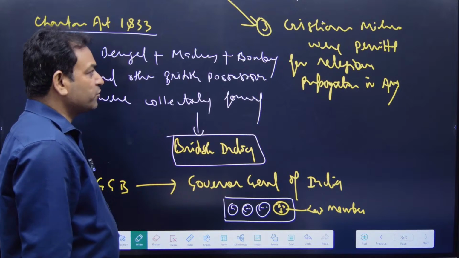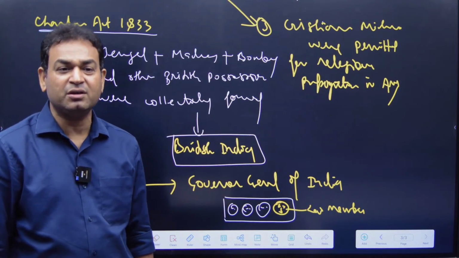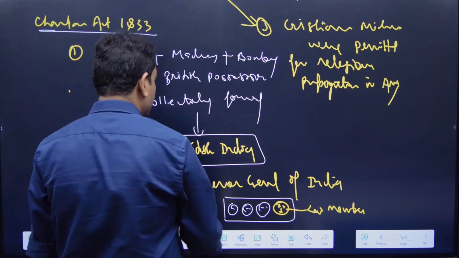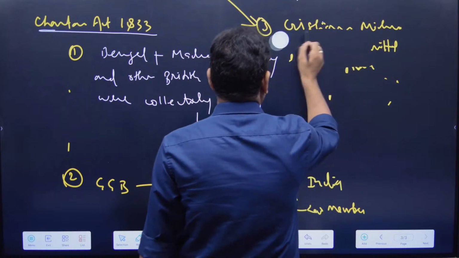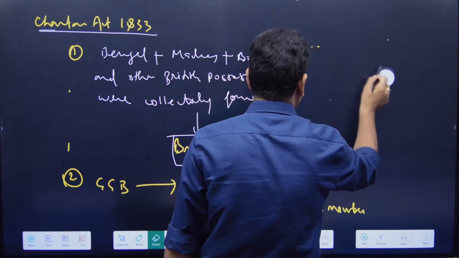Now the centralization process, which was started in 1773, was completed. Complete centralization was there.